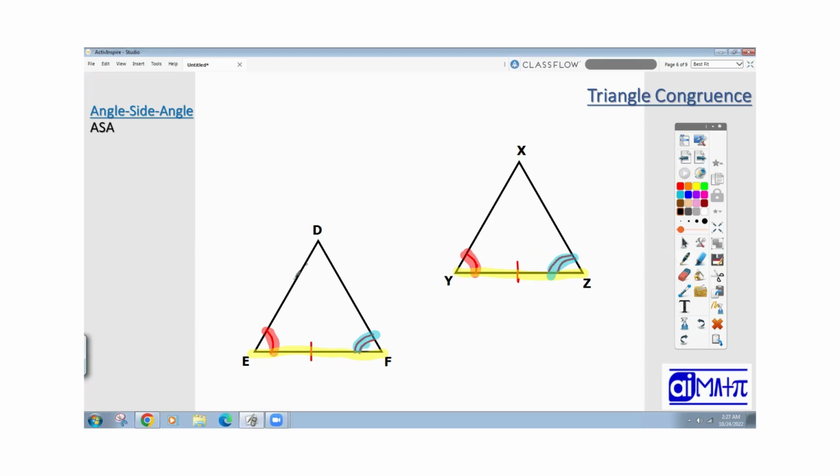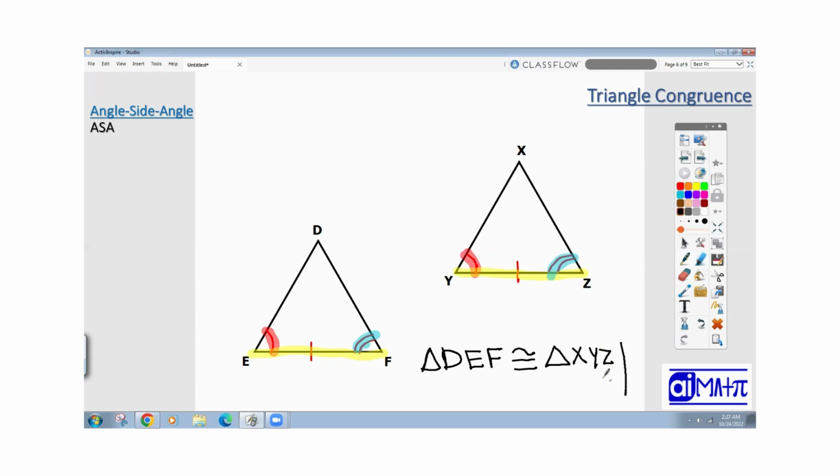That lets me know that triangle DEF is congruent to triangle XYZ. So that's what I would write. I would write triangle DEF is congruent to triangle XYZ.